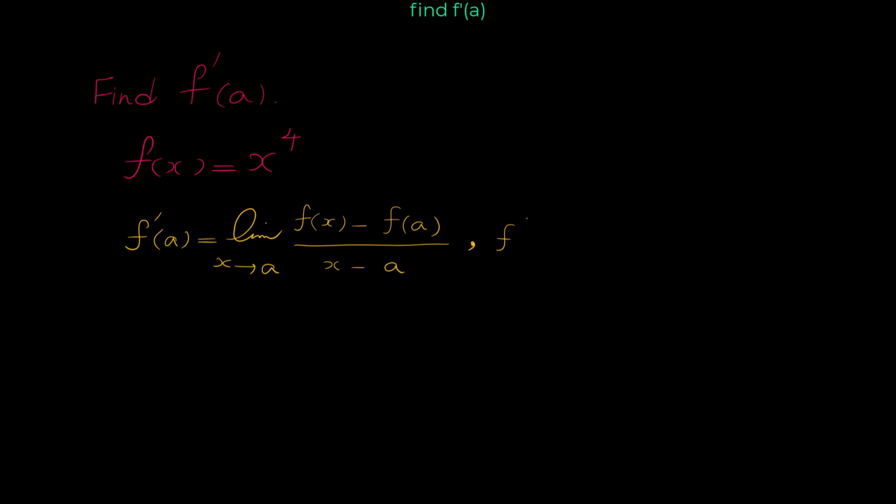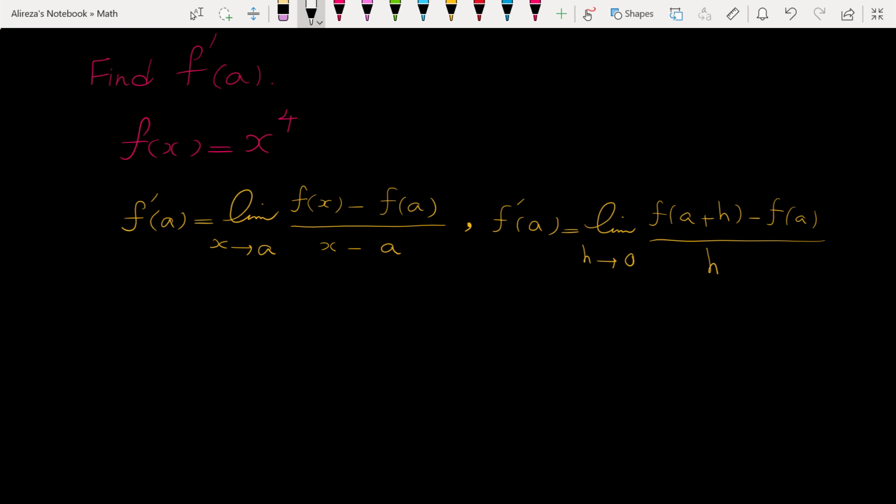But we can use this formula also for finding f prime of a: the limit of f of a plus h minus f of a all over h as h approaches 0. So let us start finding f prime of a using this formula.